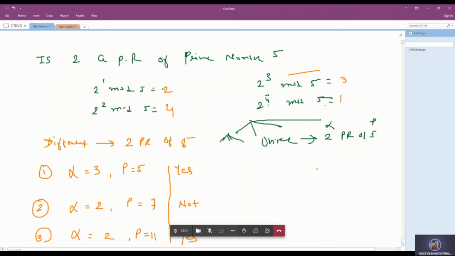Okay, so you are aware about this concept now, right? What is a primitive root of a prime number?